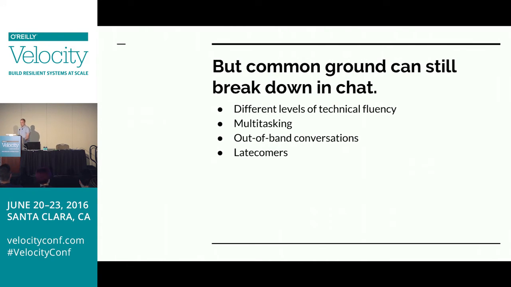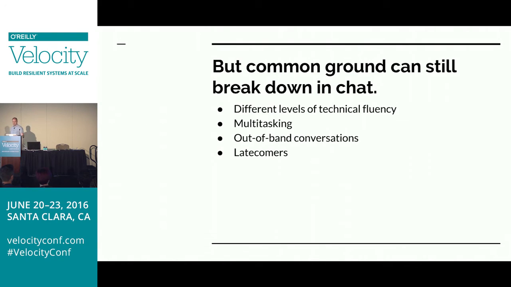It can break down because people are busy. If they're not really concentrating on what's going on in the chat room, then they're going to lose track of what everybody's doing and why. If two people turn to each other and have a conversation face-to-face, or they call each other, that stuff's not going to show up in the chat room. And that's useful to do because it's super information dense, but it's not going to be in the chat, so you can't use it in the chat.